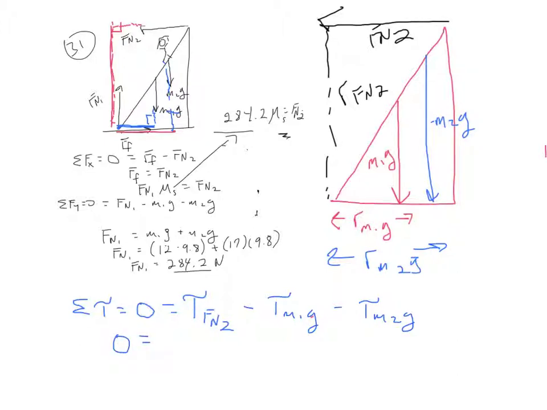A torque is a force times a lever arm. So this is Fn2 times its lever arm, minus M1G, that force, times its lever arm, minus M2G times its lever arm.